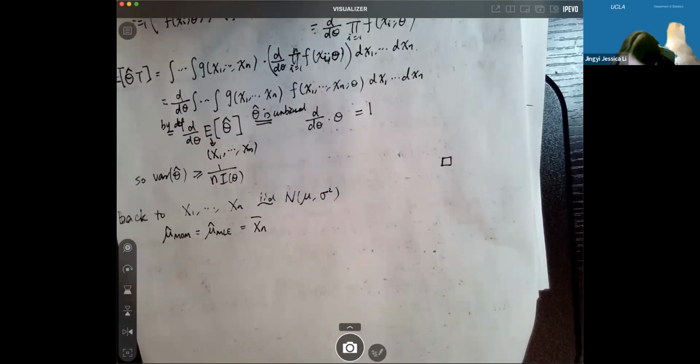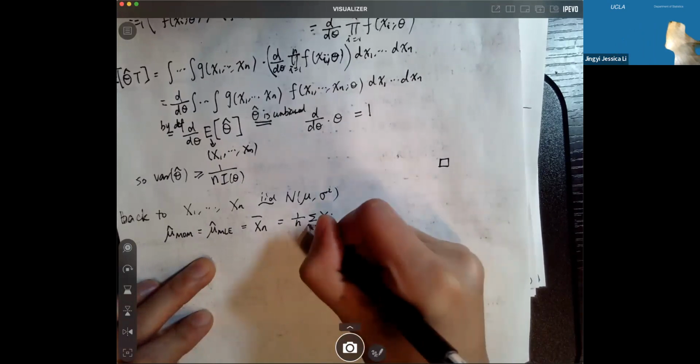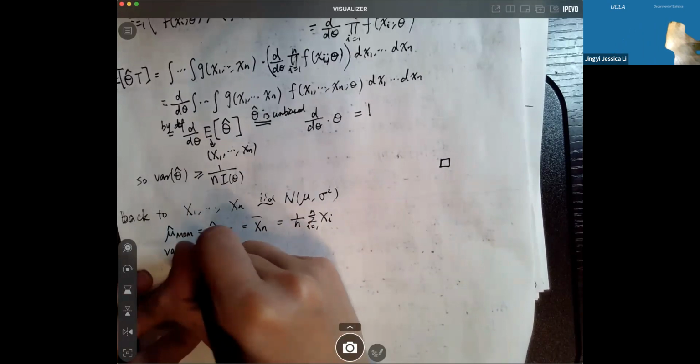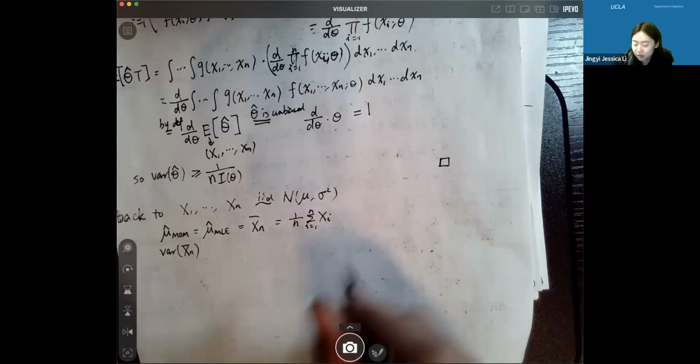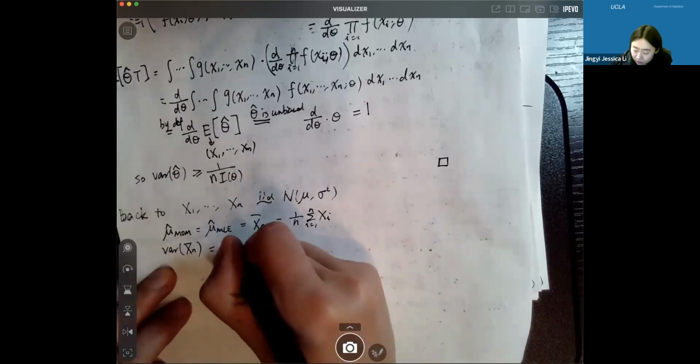What's its variance? We have seen this again and again. This should be something you can say immediately. What's the variance of X bar, given X1 to Xn have variance sigma squared? It's sigma squared over n.